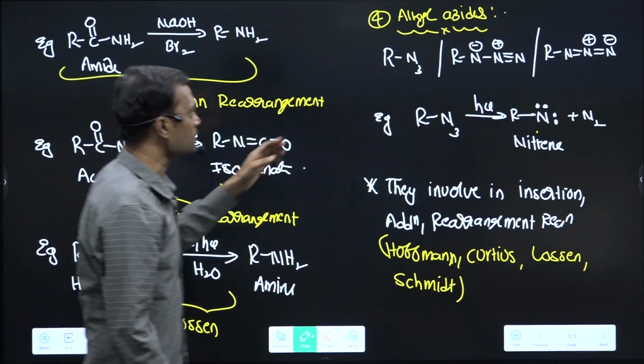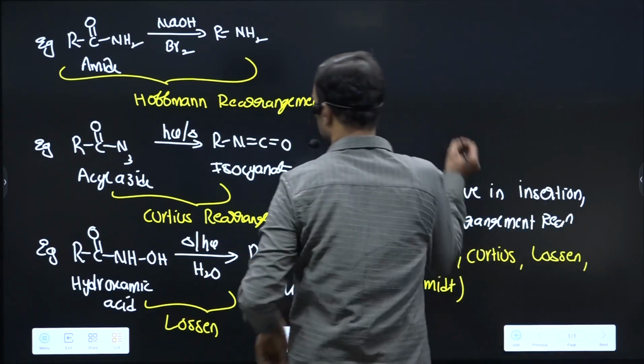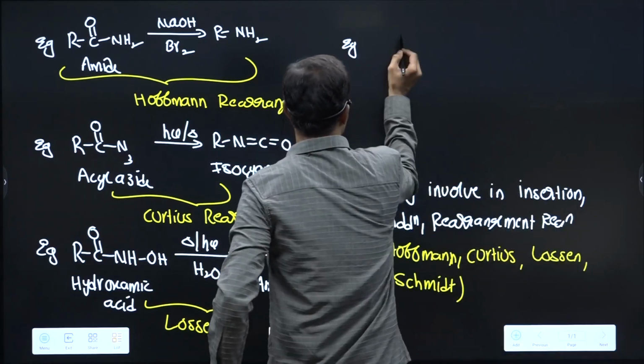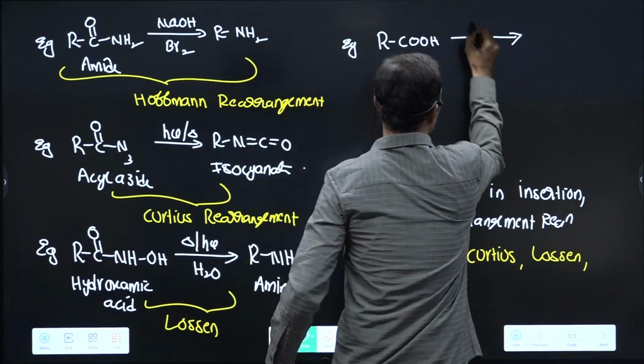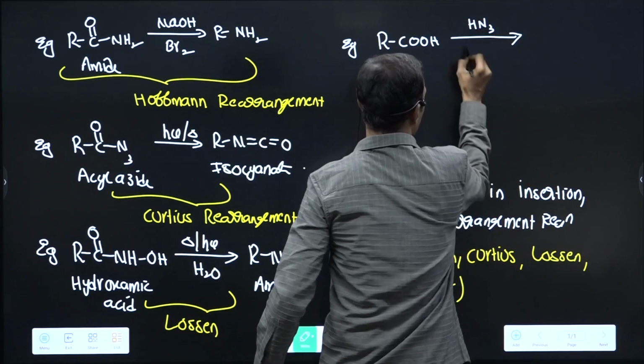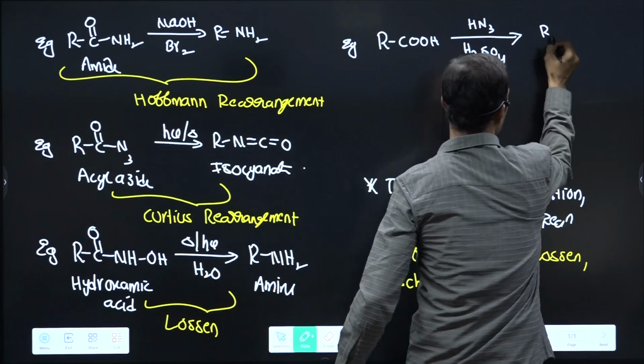So Curtius is acyl azide, not alkyl azide. On treatment with hydrazoic acid in H2SO4, carboxylic acid is responsible to give amine.